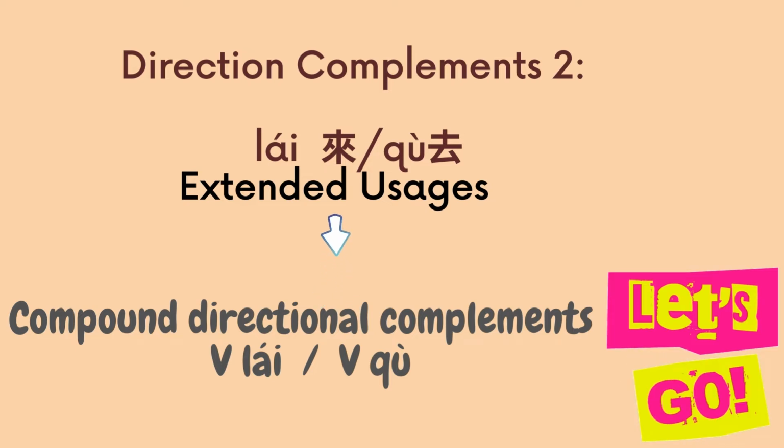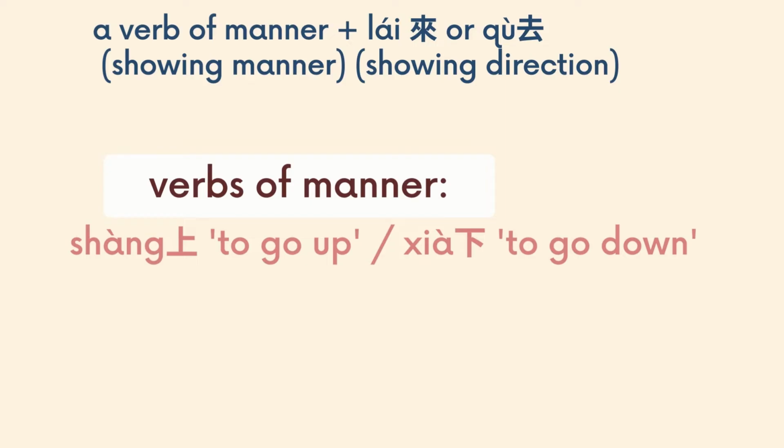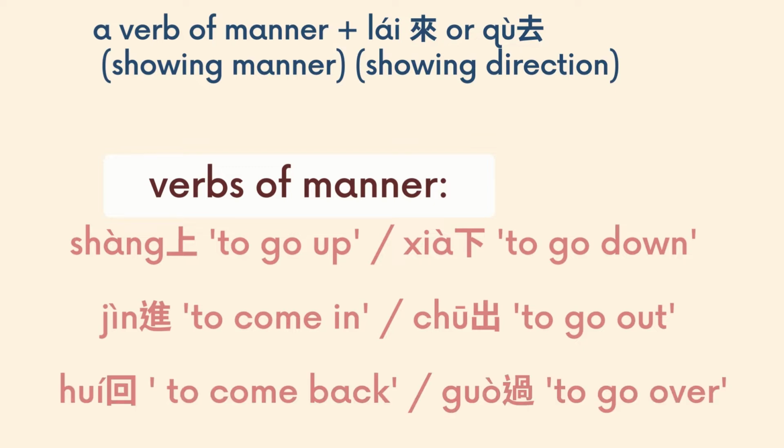We usually use a verb before the compound direction complements to create a concrete or abstract verb phrase that describes a person's physical or mental state. The 6 verbs of manner preceding 来 or 去 are 上 to go up, 下 to go down, 进 to come in, 出 to go out, 回 to come back, 过 to go over.